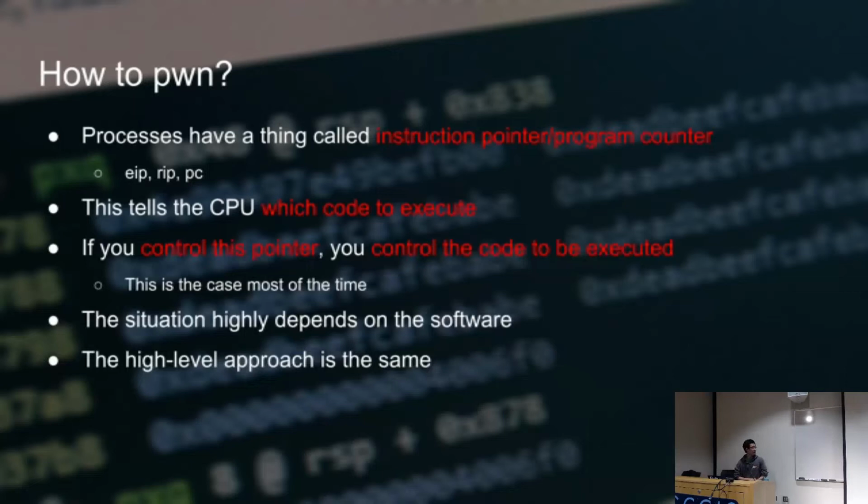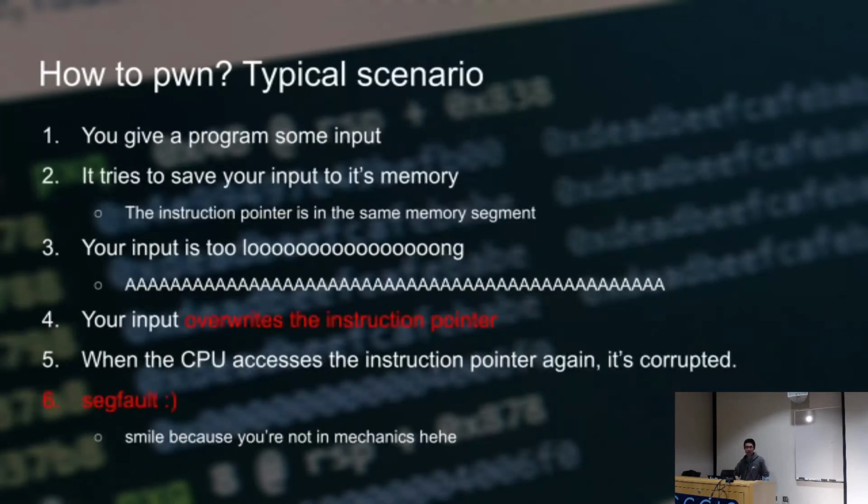But when it comes down to different software, the way you're going to exploit that piece of software depends on the software itself. But I think in general, there's a high-level approach to pretty much everything. The typical scenario you're going to see in this kind of exploitation is that you're given a program that takes in some input, and it tries to save your input to some memory segment.